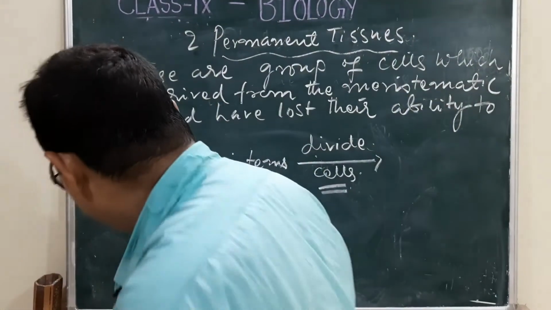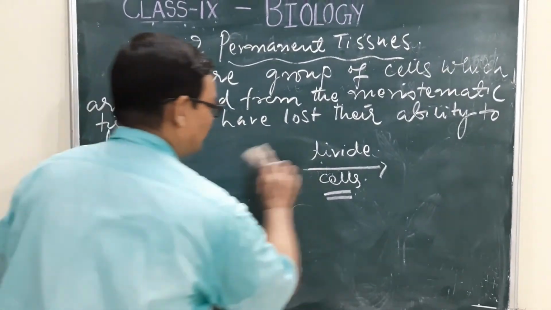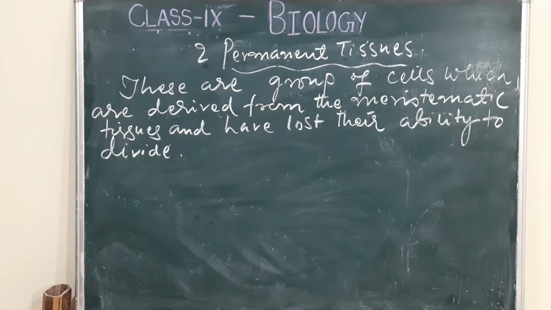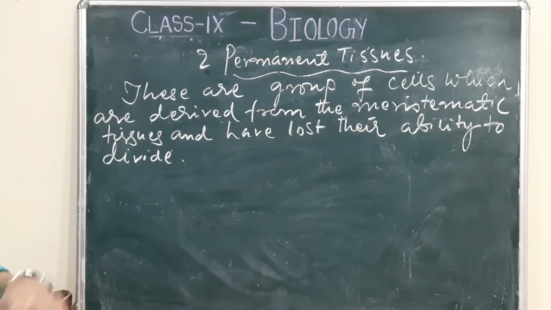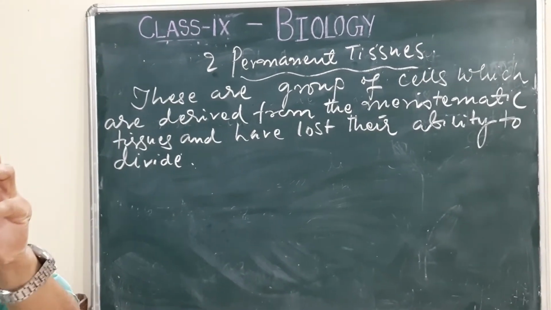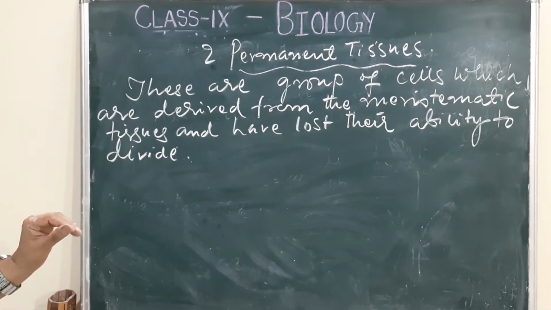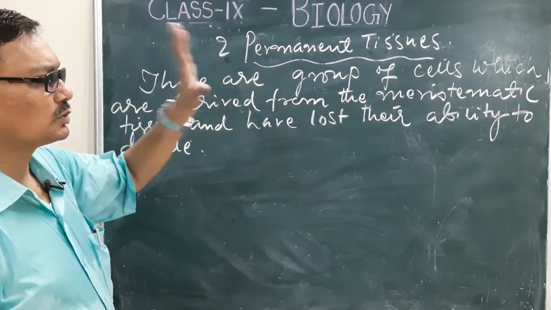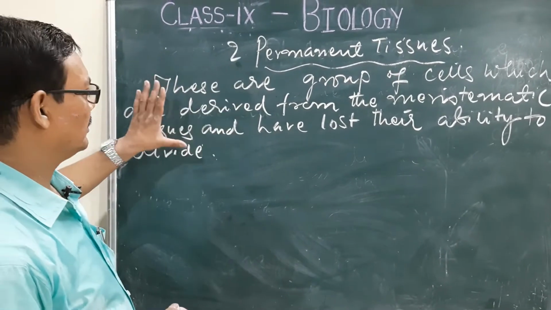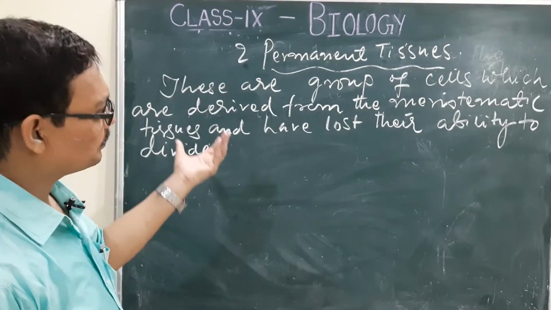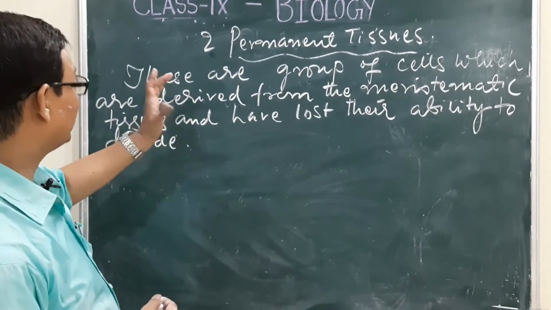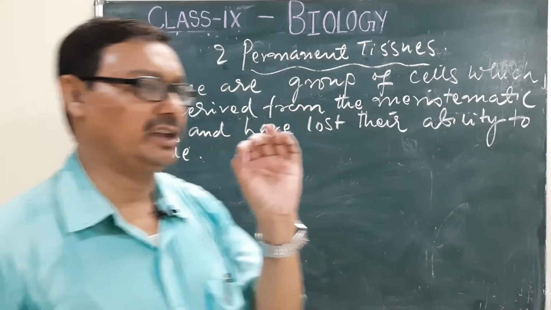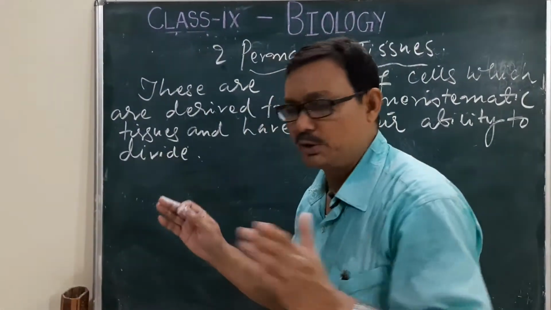Now, the meristematic tissue and its characteristic features we studied in our previous class, and I also suggested that when you write notes on a tissue, the first point is the introduction or the definition, and the second one is the structure, and if there are any types, then the types, and if there are no types, then the function.